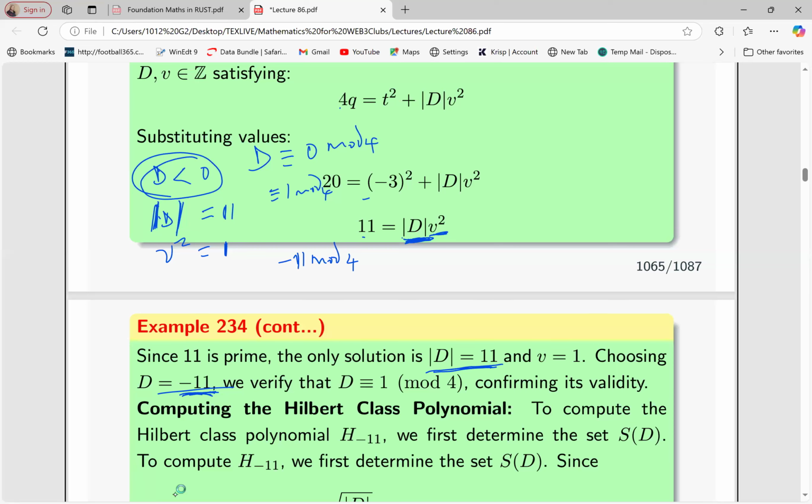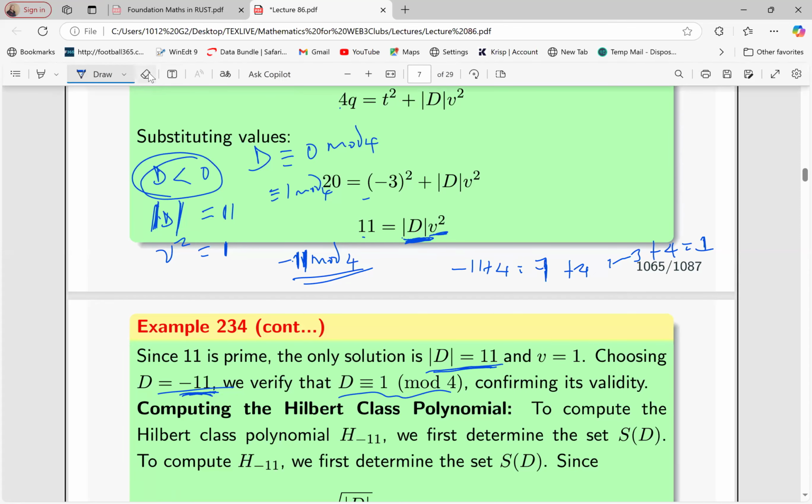Since this is negative, you add 4 to it several times until you get a positive number. Negative 11 plus 4 will be negative 7. Then negative 7 plus 4 again, that will be negative 3. Then negative 3 plus 4 again, that will be 1. So it's true that D is congruent to 1 mod 4.